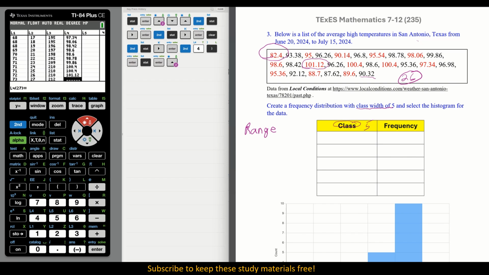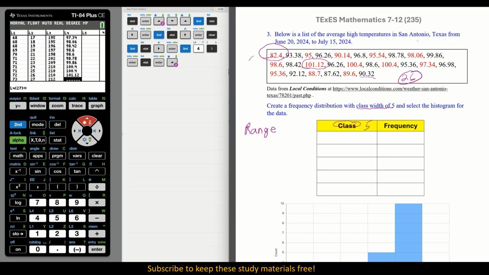Now, here's my word of warning. We're doing a histogram. All of our data is going to be in between these classes, okay? So the classes have to make sure they get certain values. Honestly, our lowest whole value is going to be the 82.